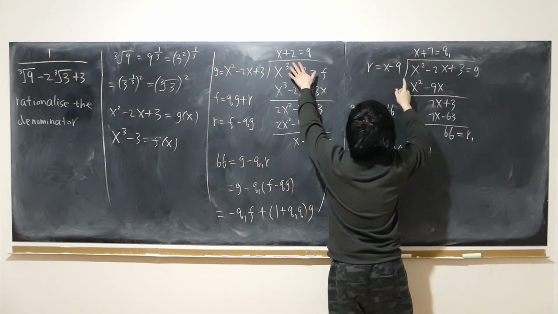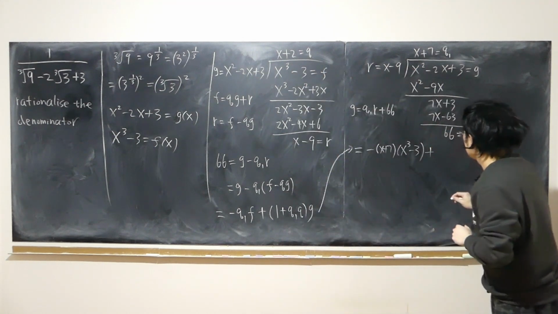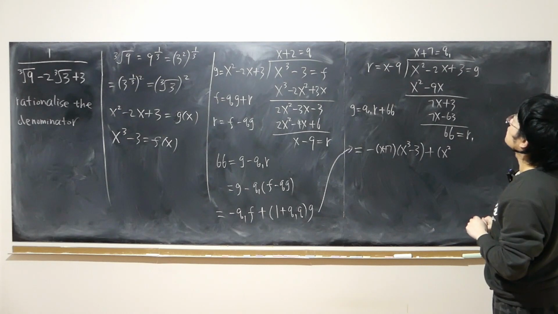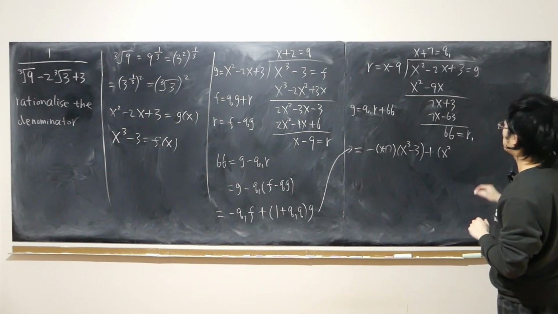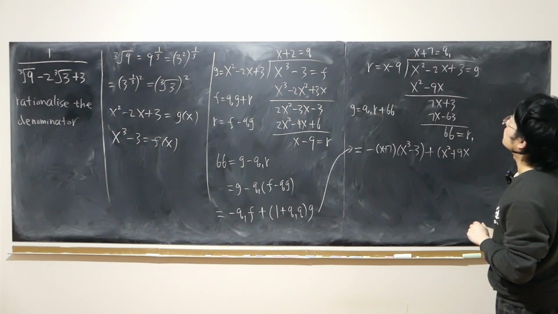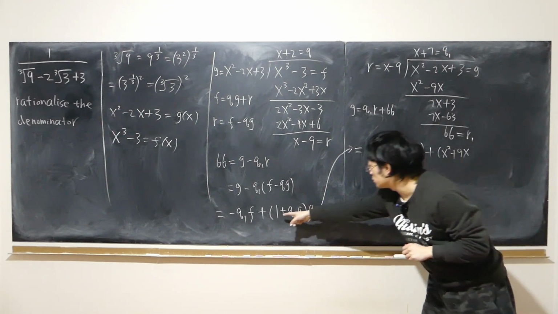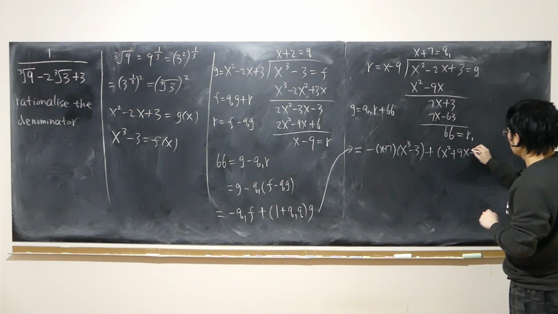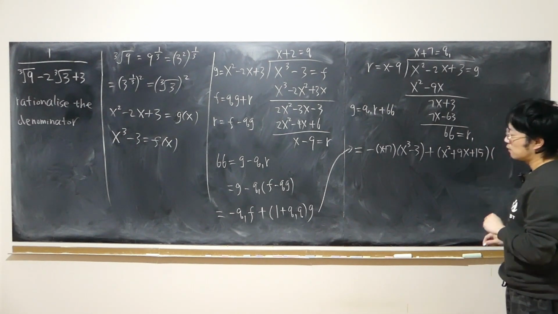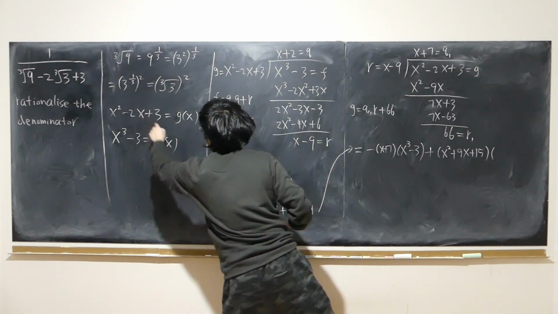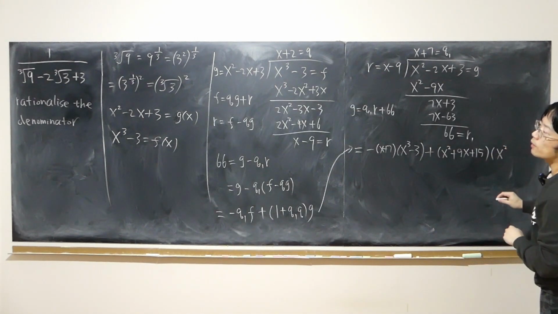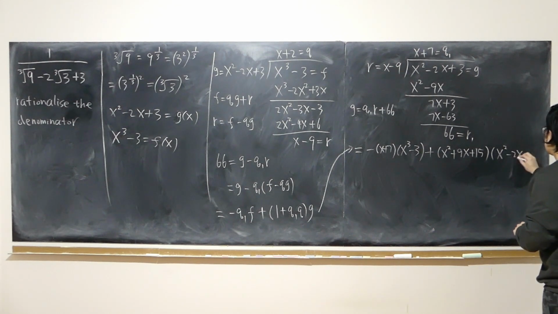Q1 times Q, still a polynomial, is x squared, 7x, 2x, 9x. 2 times 7, 14, 14 plus 1, 15, times g. G is this, x squared minus 2x plus 3.